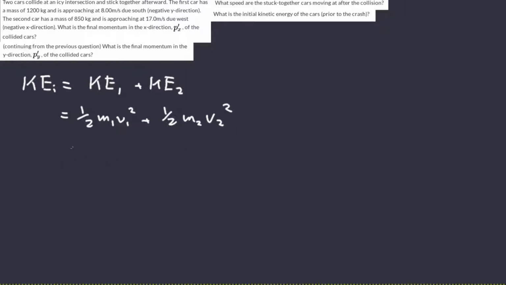Now, because we're dealing with energy here, and energy is a scalar, we don't need to worry about the fact that v1 and v2 are pointing in different directions. We don't really need to worry about their directions at all. We can just take the speed, read it off the problem as given.